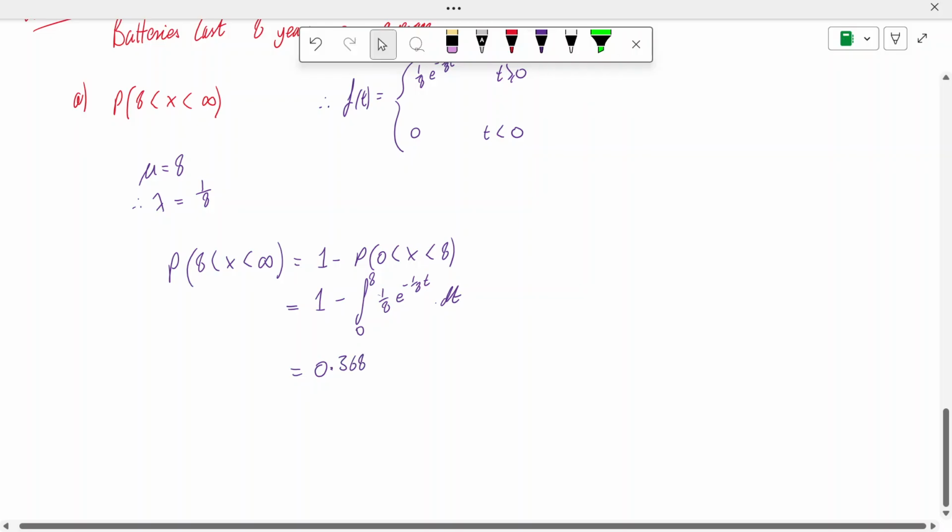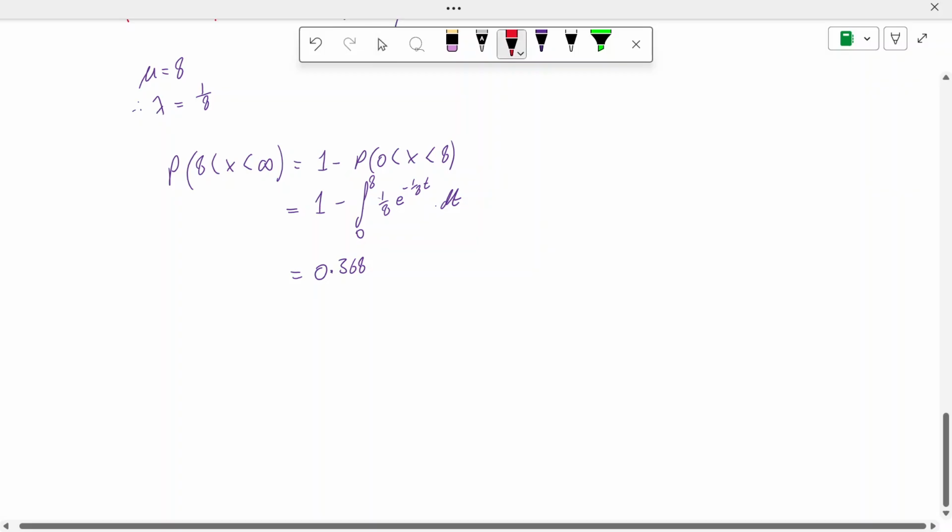Lovely. Now the next part here, part B, is where we're looking at going backwards. So part B states that we want to find the smallest value of x such that 70% of batteries last longer than x years.